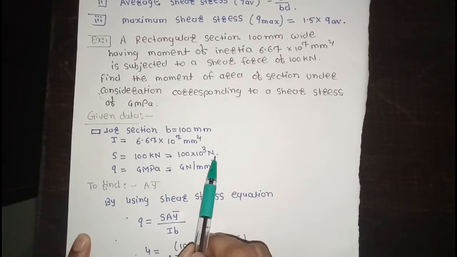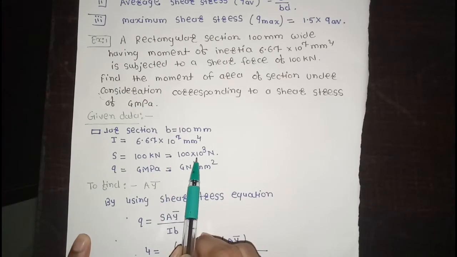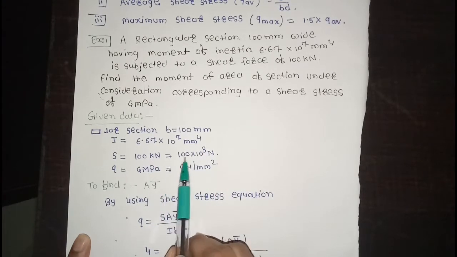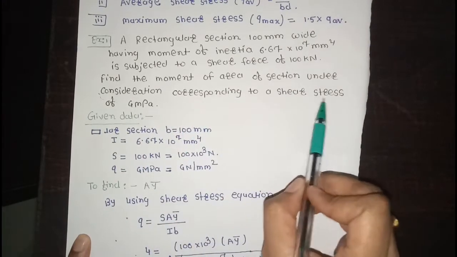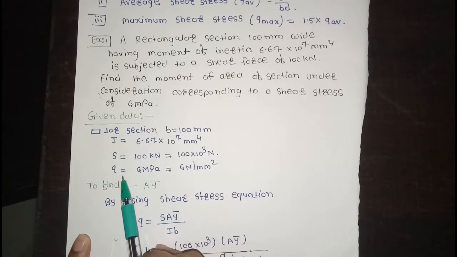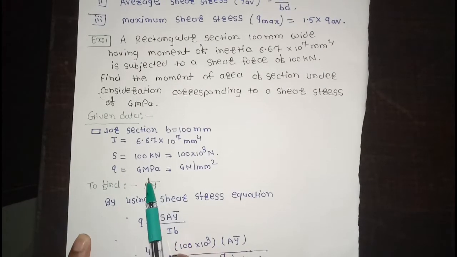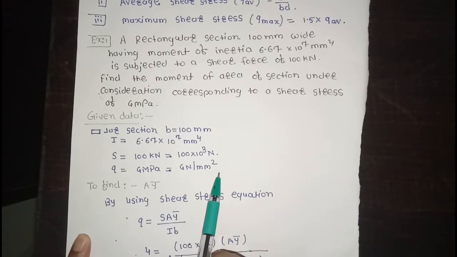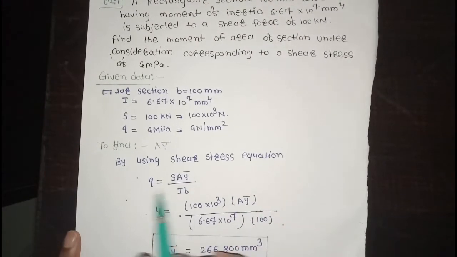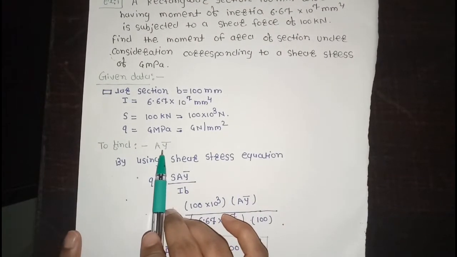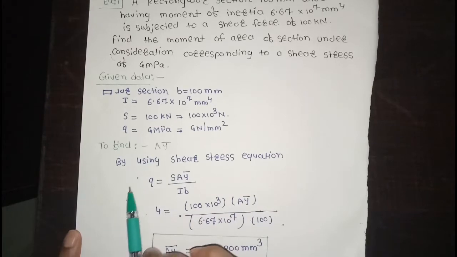Conversion of kilonewton into newton: multiply by 10 cube, so 100 into 10 cube Newton. Shear stress of 4 megapascal means Q is equal to 4 MPa. MPa means Newton per mm square, so 4 Newton per mm square. To find the moment of area means A y bar.